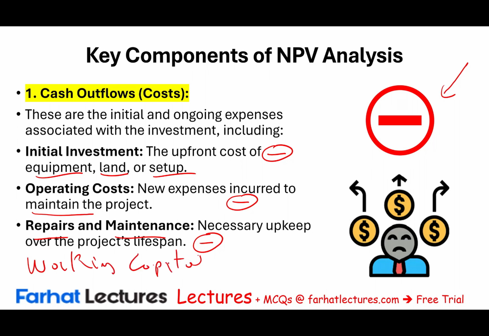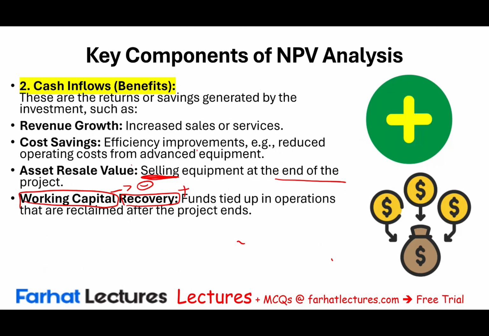When you invest in the working capital, it's a negative. Then at the end of the project, you might have some of these supplies, some of this inventory. You can resell it. It was tied up. Now you can reclaim it. It's positive. So that's another positive. So basically, those are typical ones. It doesn't mean those are the only ones, but those are typically what you would see in a textbook about a project. Now, in the real world, there are other expenses, other revenues, but again, we're talking textbook material here.